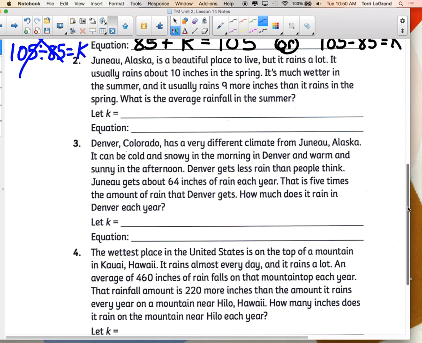And I'm just going to come to some people's papers and steal their answers from my board. The first thing you do is describe the variable, the unknown.